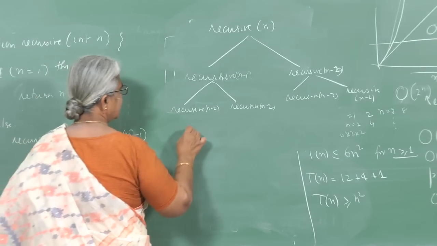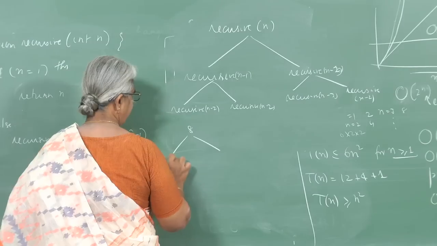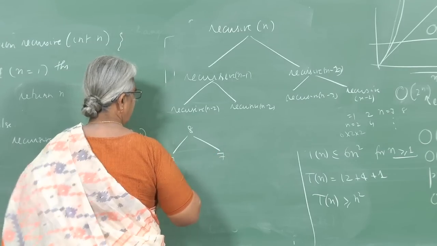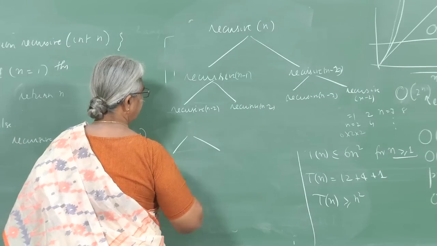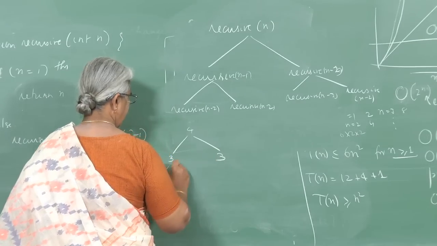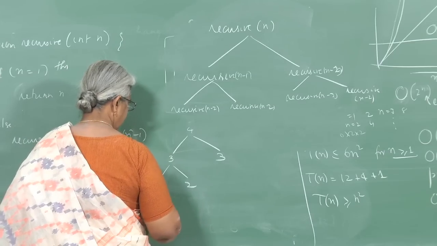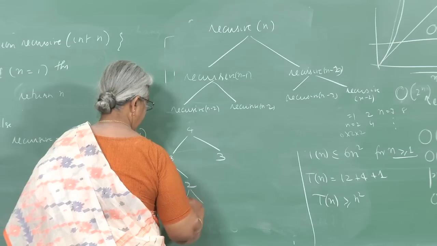Let us start with recursive of n is 8, then this is going to call 7 and 7, or maybe instead of 8 let me start with 4, it is easier. 4 calls 3 and 3, 3 calls 2 and 2, 2 calls 1 and 1, and that is when it will terminate.